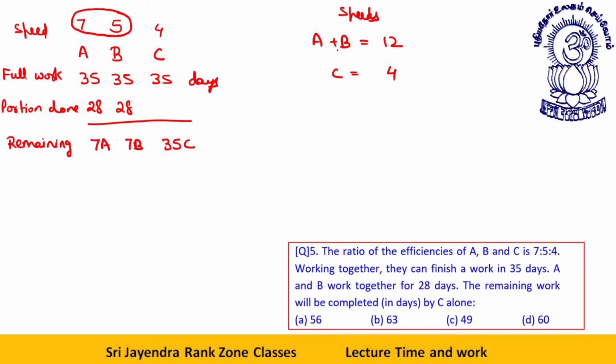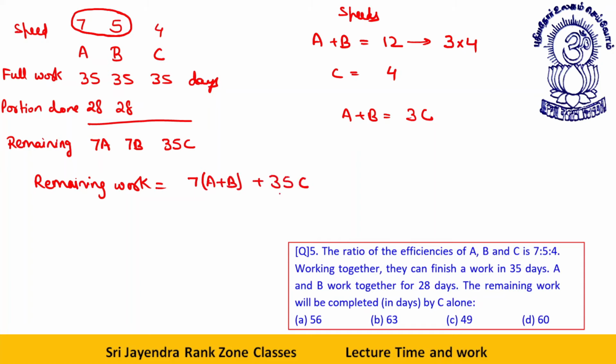So that means A plus B is actually 3C. A plus B is actually 3 into 4, and 4 is C. So A plus B is equal to 3C. So what is the remaining work? The remaining work is equal to 7 times A plus B plus 35C.